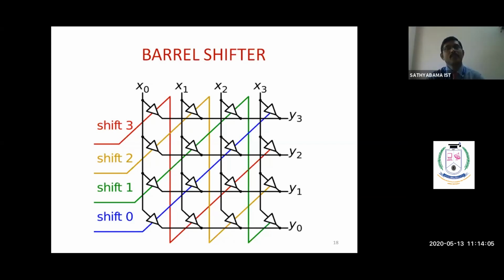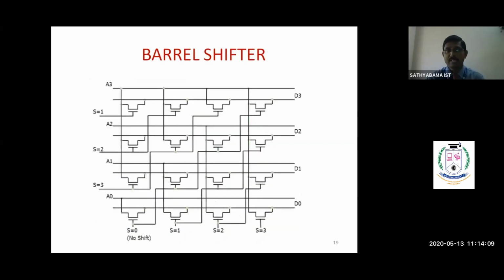So this design can be done using only basic MOS transistors. Here you have to see these are NMOS transistors. If the gate input is 1, then this transistor is getting on. If the gate input is 0, this transistor does not get on. Suppose for example, there is no shifting, that is the S is equal to 0 condition. These transistors are getting activated through the control signal.